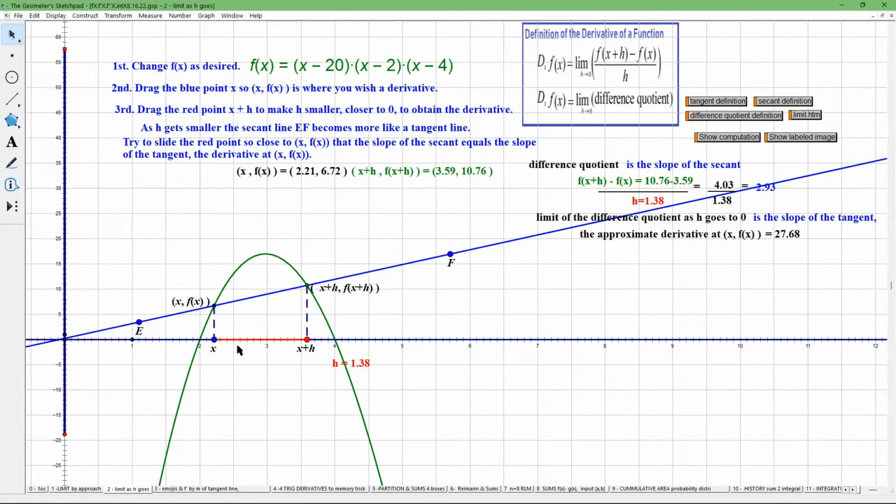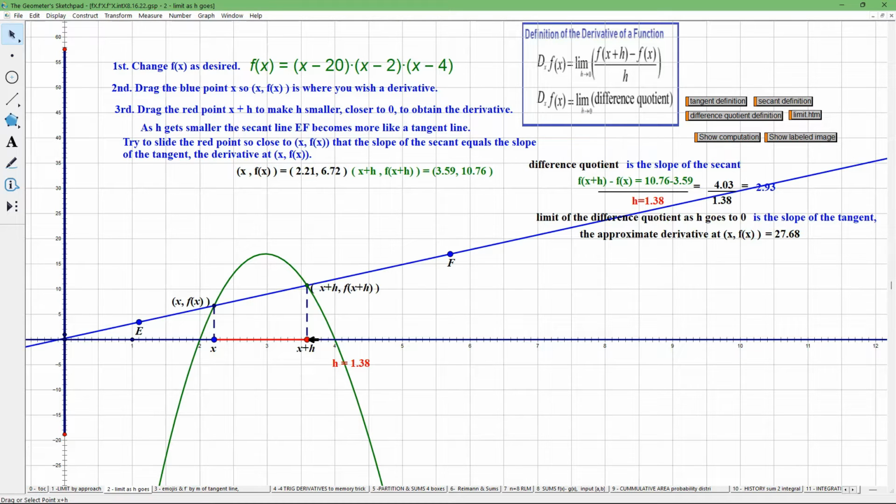Here is your delta x, if you're my age, your h now, and you wish to make h approach 0, the limit as h goes to 0.